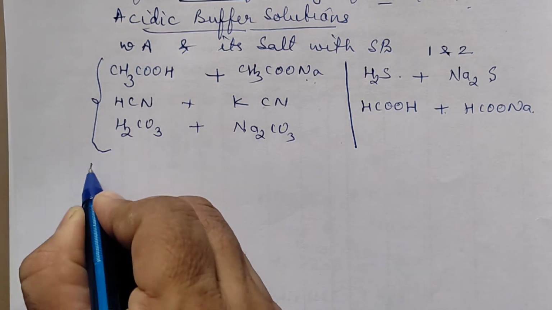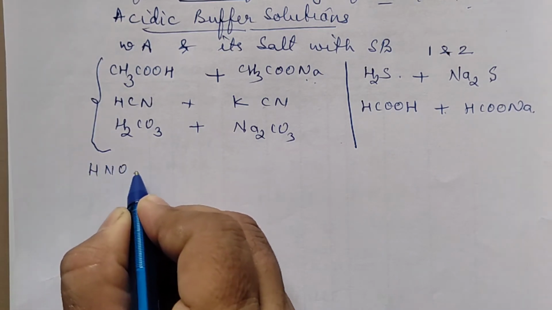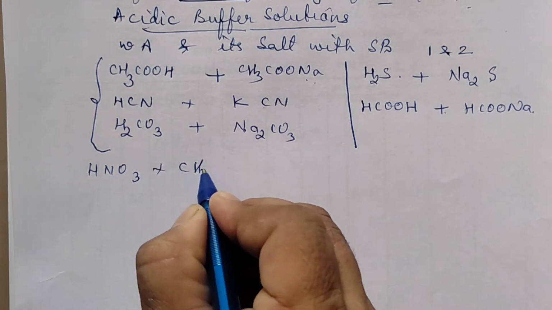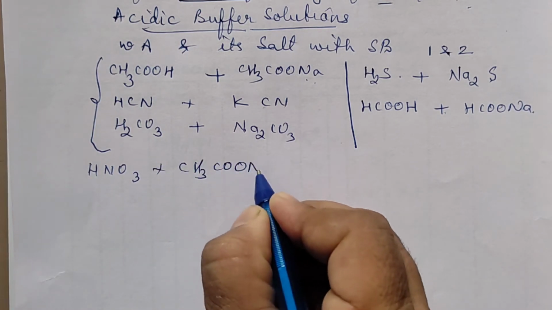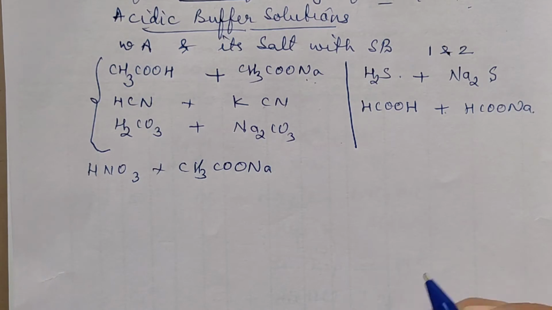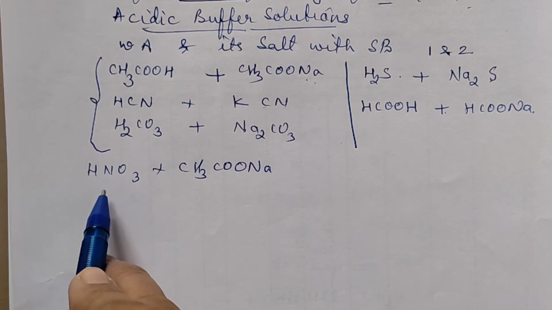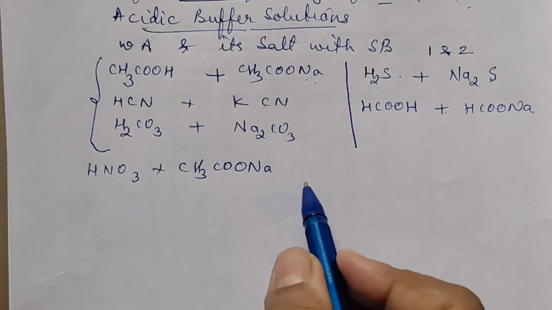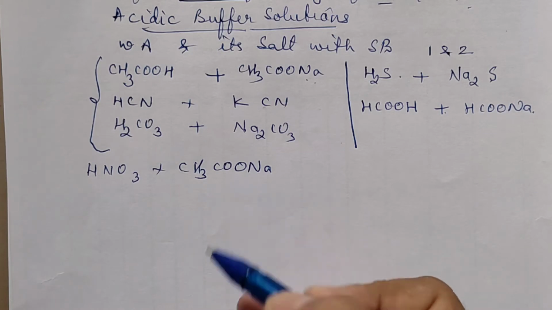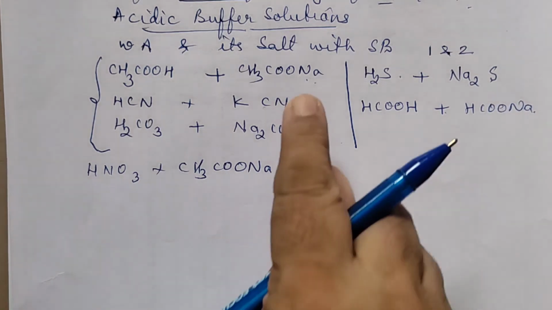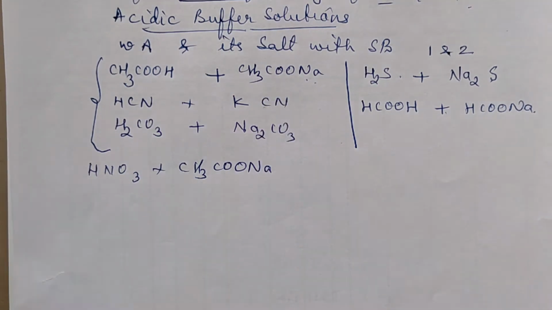Say I am writing HNO3 and sodium acetate. If I write this combination, you may feel it is not a buffer solution because it contains nitric acid, which is a strong acid, and a salt with the strong base of acetic acid. If this was there, then we would have thought so, but this is not correct.